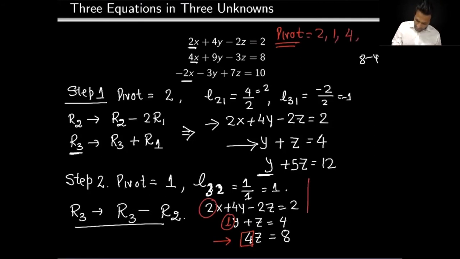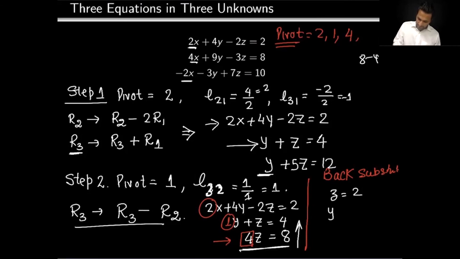Now let's perform the back substitution. Going from the very last equation back up, I get z is equal to 2. If I plug z is equal to 2 here, I get y is equal to 2 also.